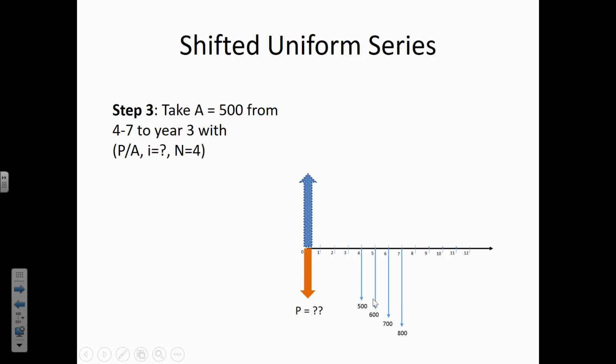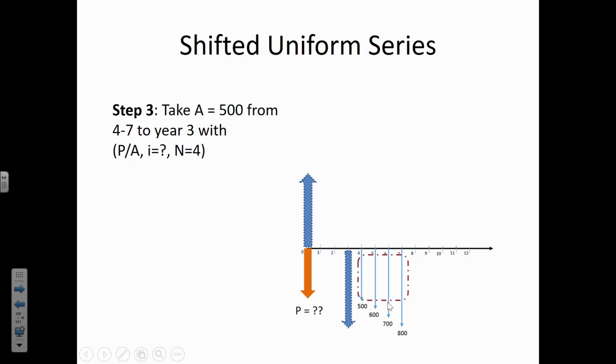Well, what I suggest is first take the annual series amount of 500 each year to a single amount in year 3. So that's find P given A at whatever interest rate applies, and there's 1, 2, 3, 4 of the $500 outflows.